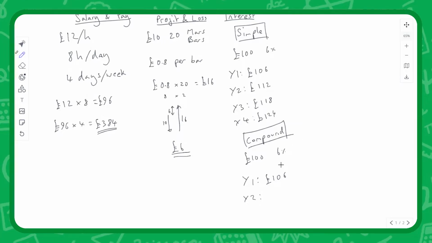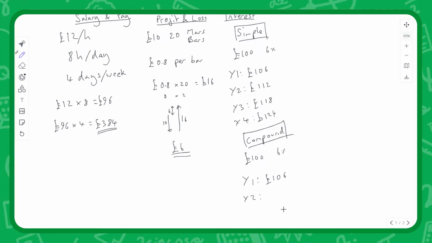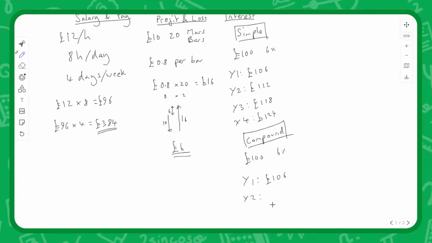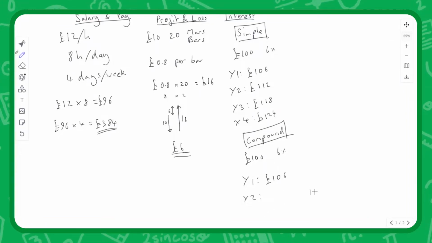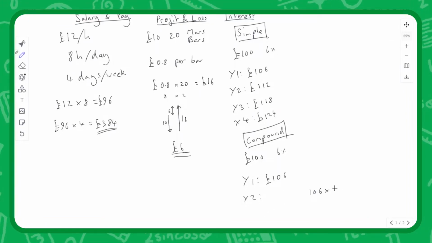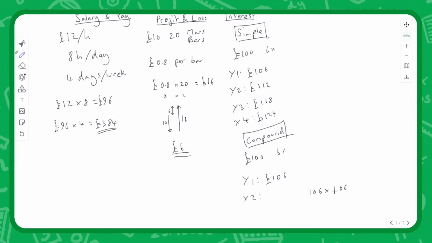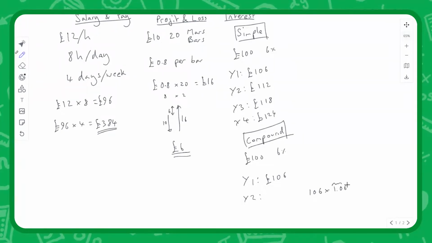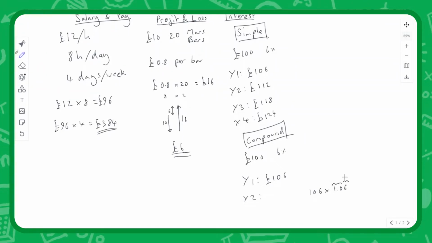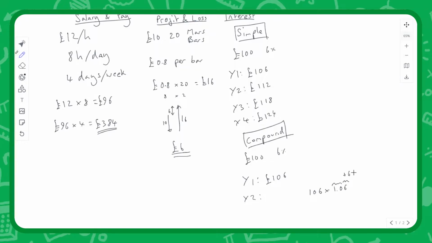So 6% of this, well, the way we can do this is we take our amount, we take 106 and we times it by 1.06, right? That's technically what we're doing to work out 6%. This is our original amount, and this is our plus 6% on top of it, right?